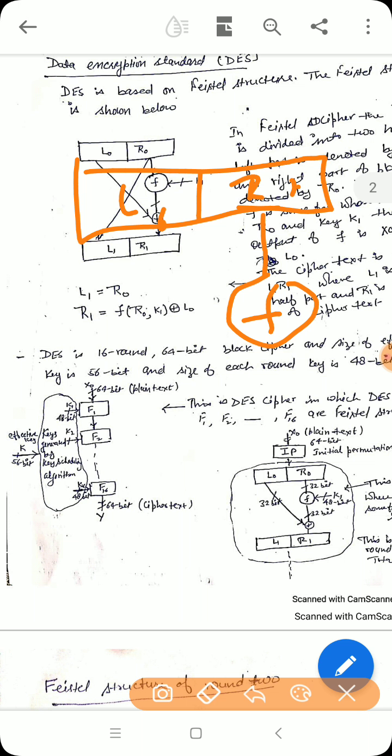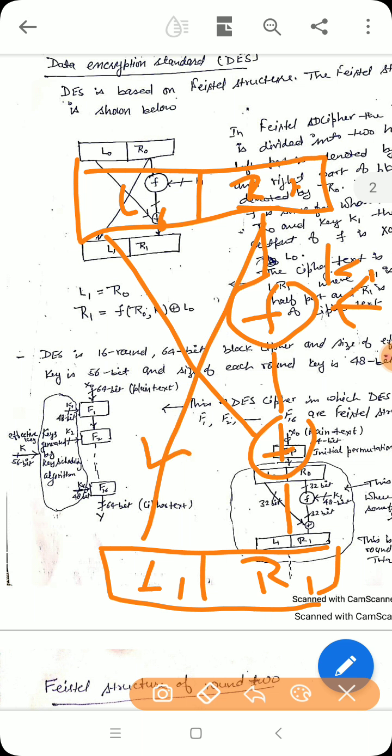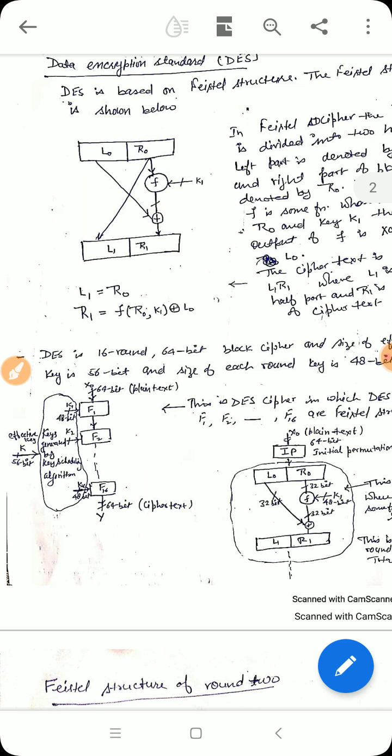This is called the DES F function, and some first round key K1 is applied on this function f, and the output of this is XORed with the left half part, and the output of this XOR is the right part of the second round input R1, and this L1 is this R0. So this is the Feistel structure of round 1.